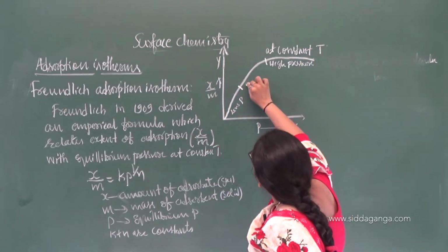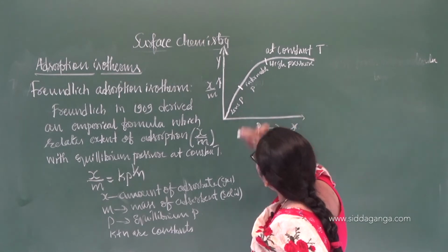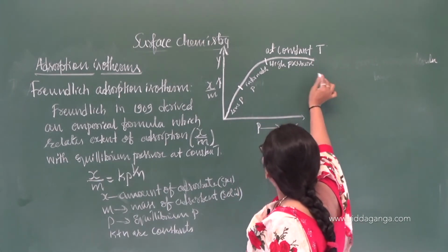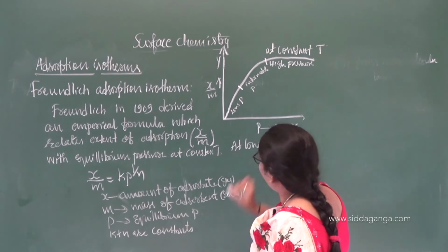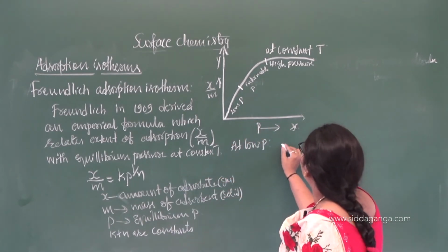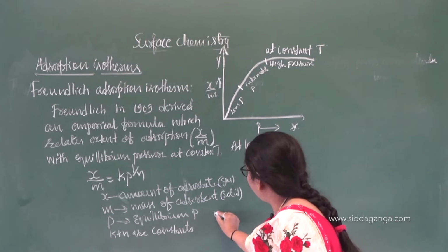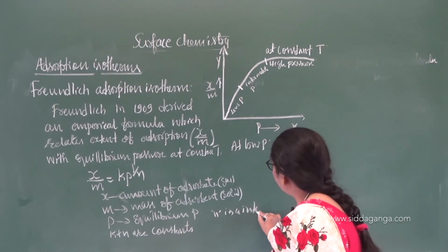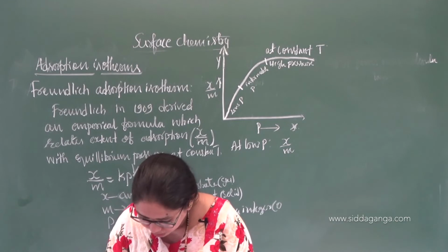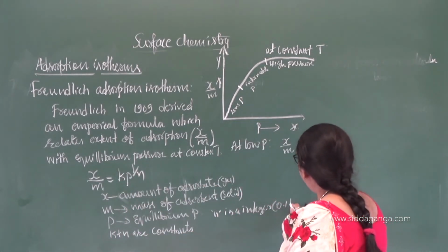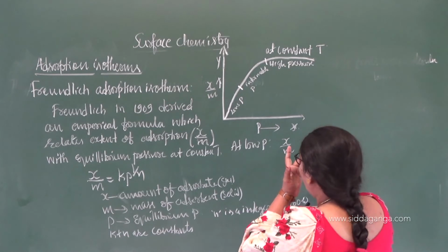If you look at the graph, at low pressure the equation becomes x by m, and you should know that this n is an integer whose value ranges between 0.1 to 0.5.